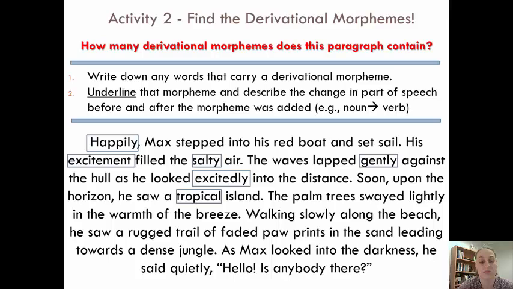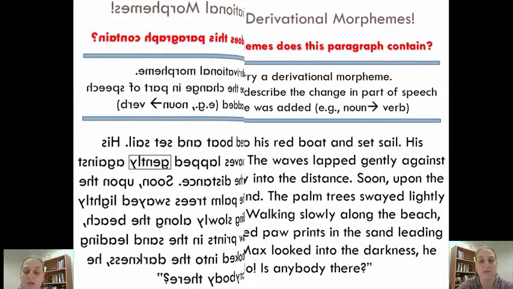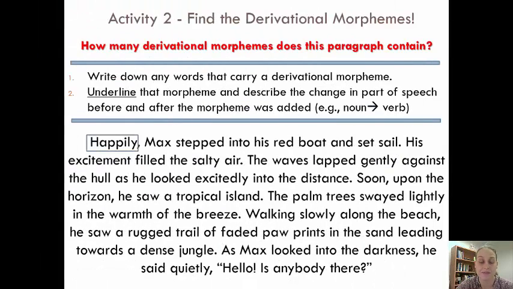Okay, let's do it together. We went over the first word, happily. We also see excitement, which goes from a verb to a noun. Ment being your derivational suffix. Salty from noun to adjective.